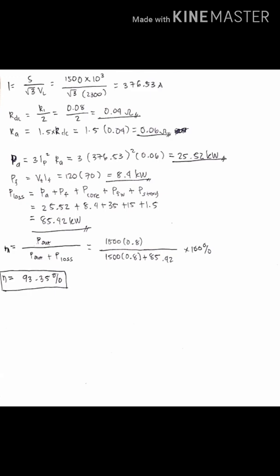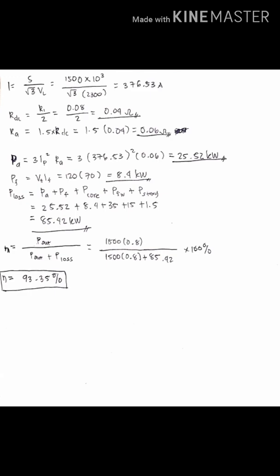P loss is PA, the armature power, plus the field power plus the core power plus the friction and windage power plus the stray power. So 25.52 plus 8.4 plus 35 plus 15 plus 1.5. The power loss is equal to 85.42 kilowatts.